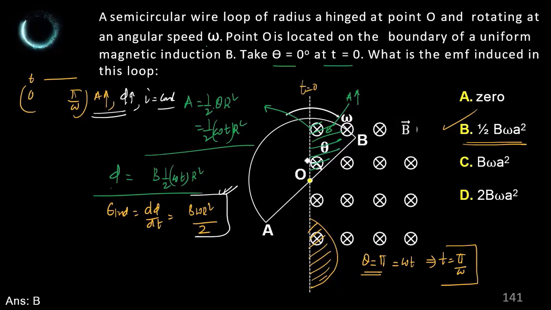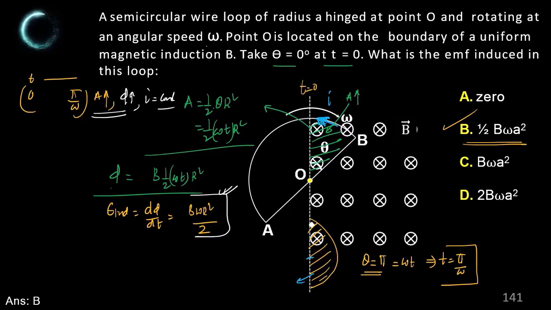So it will induce a current in such a way that within the loop the dot magnetic field will be increased. That means the loop will produce a current in the anticlockwise direction. And once the loop is coming out, the current will be in the clockwise direction.